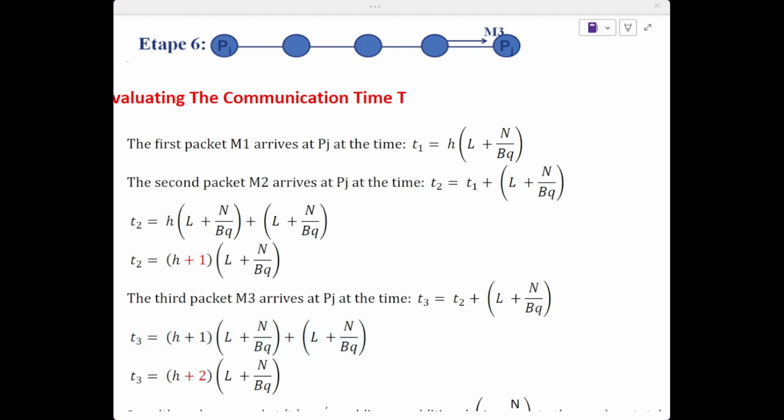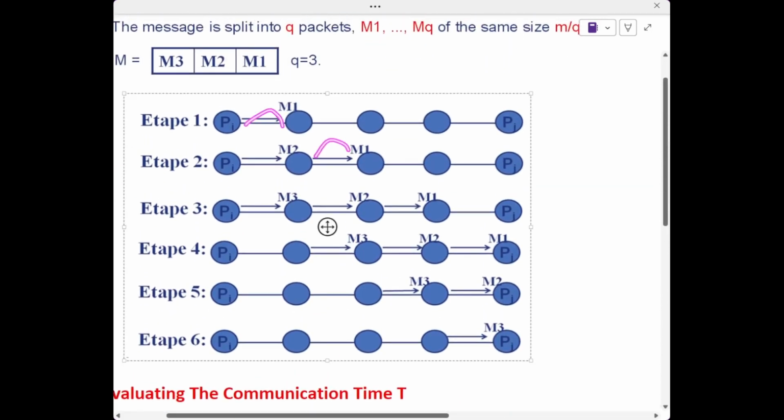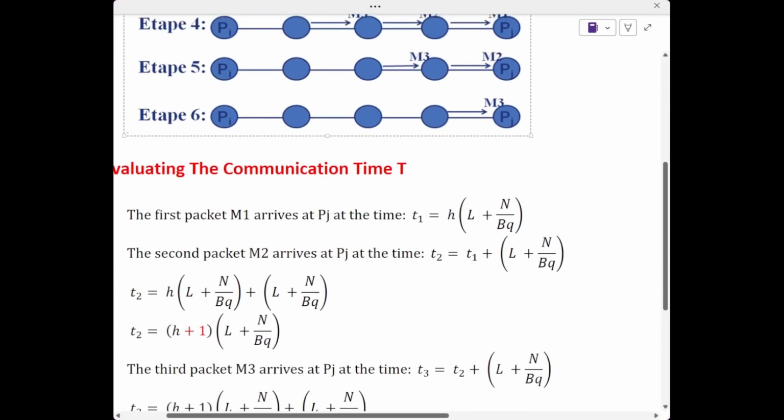Of course, we will not count the number of hops again. The number of hops is counted one time, because while M1 is going through the hops, M2 also goes through the hops, except the last one. When M1 arrived, there is no M1 here, so M2 needs to consider the last hop.